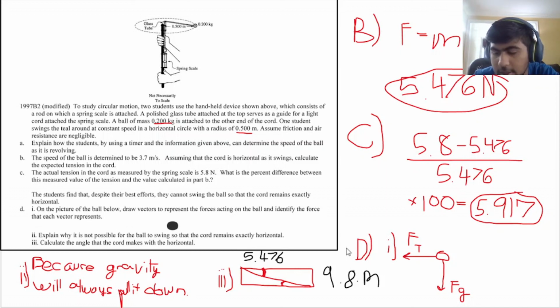The inverse tangent of 1.96 over 5.476, make sure you're in degrees, would be 19.7 degrees. I don't express it in radians because they're not asking for that here. 19.7 degrees. And that is the second free response question.